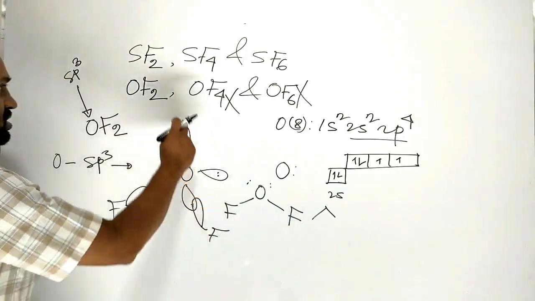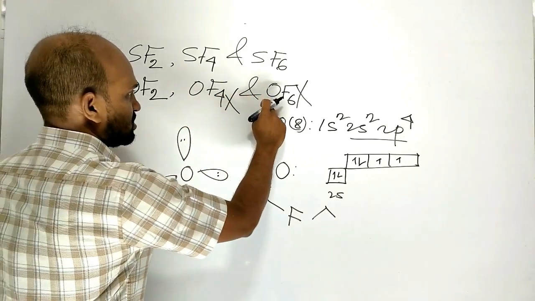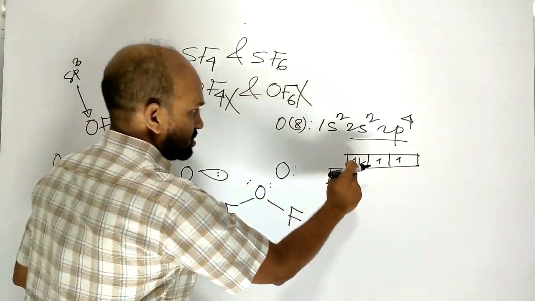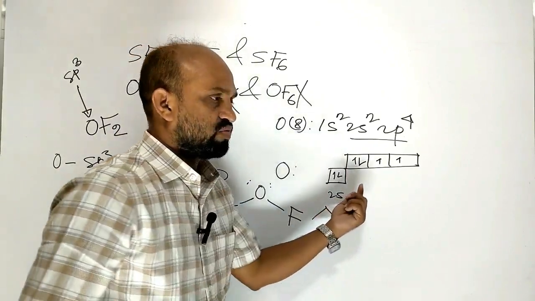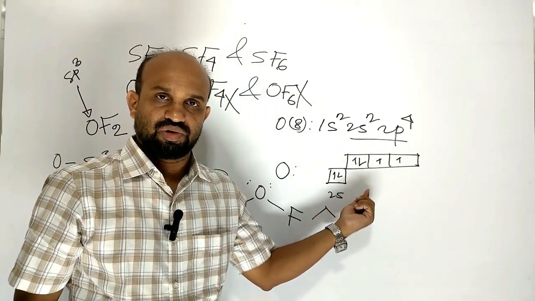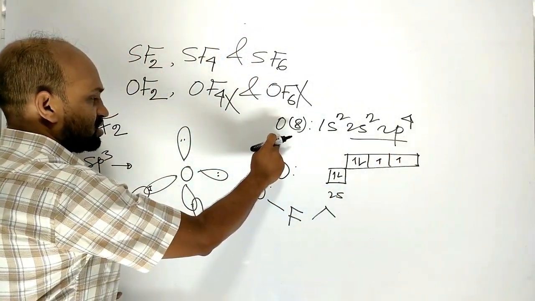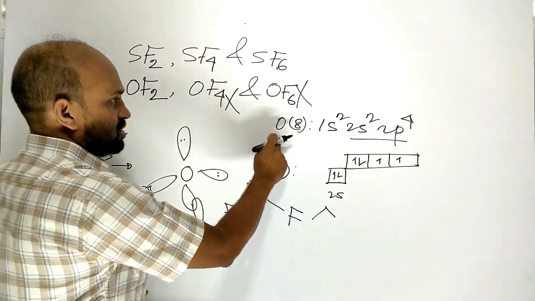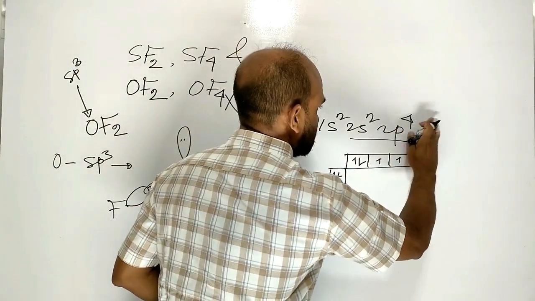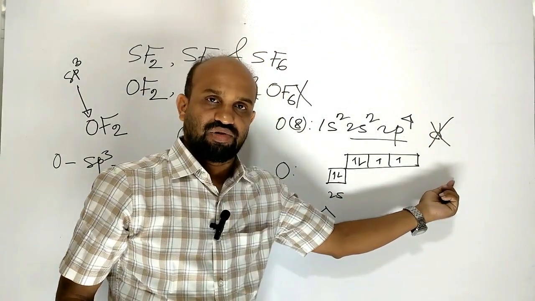But here, to form oxygen tetrafluoride and oxygen hexafluoride, formation of more unpaired electrons should occur. But as oxygen is an element of the second period, it has no d orbital or d sublevel.